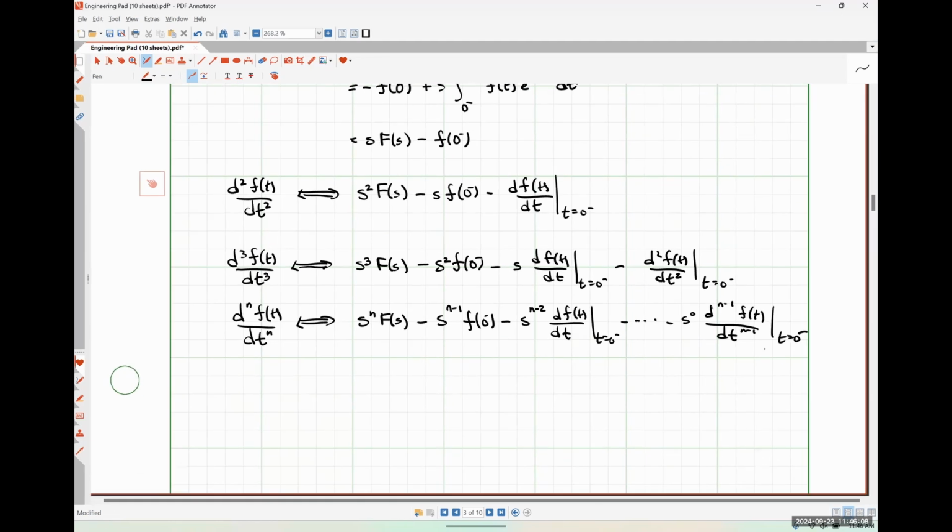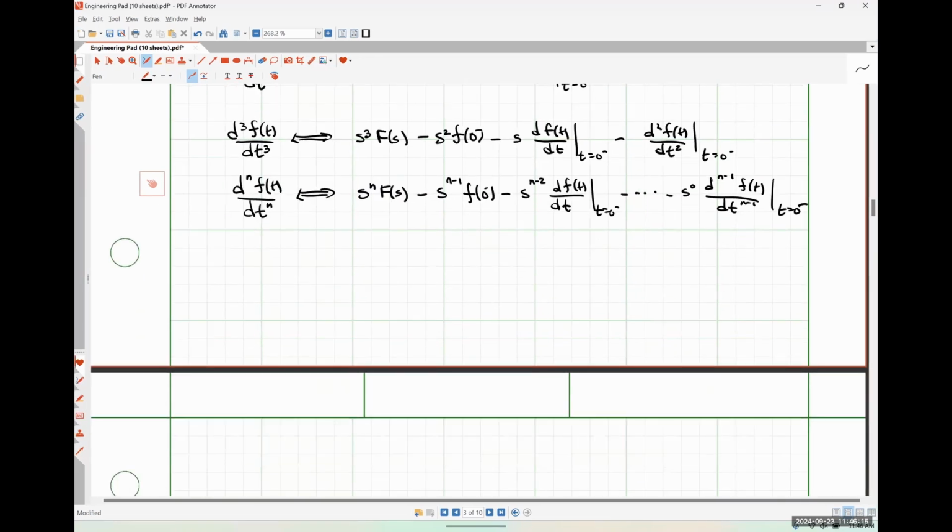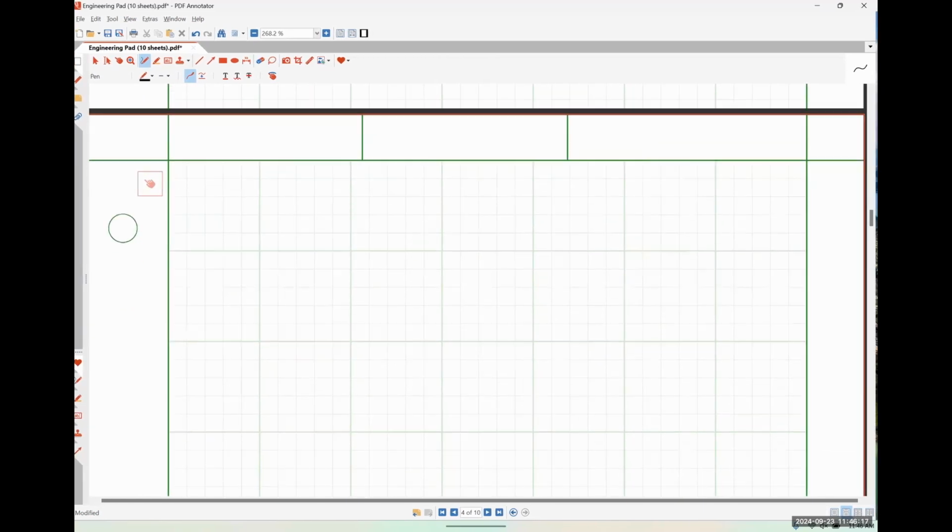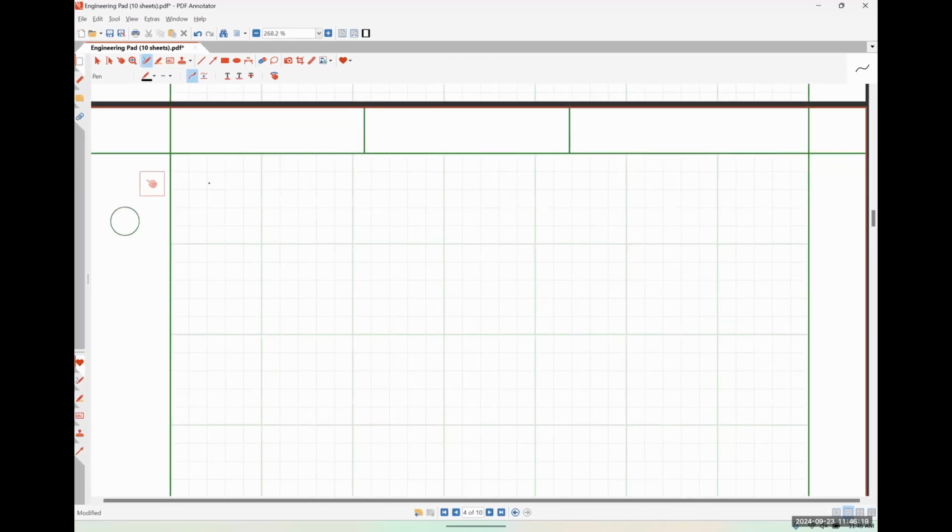So derivatives can be a little gross. Integrals are pretty dope. So property number 6, time integration.